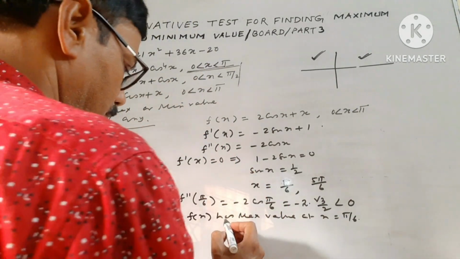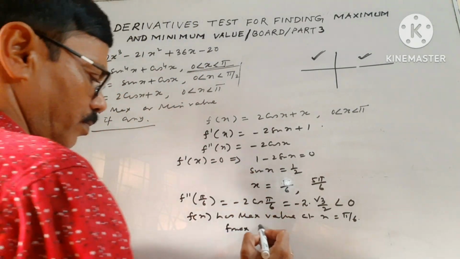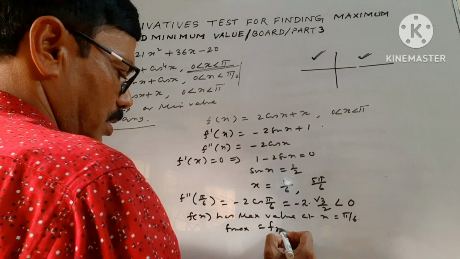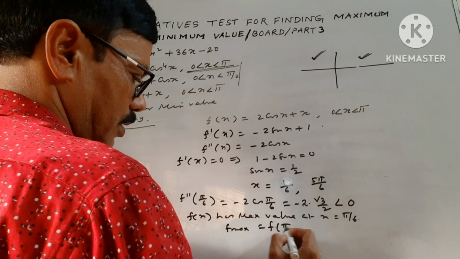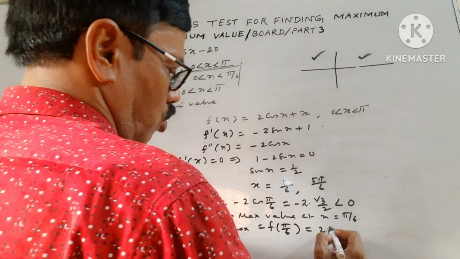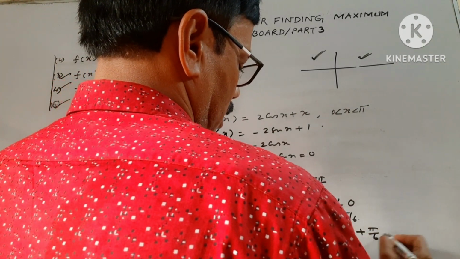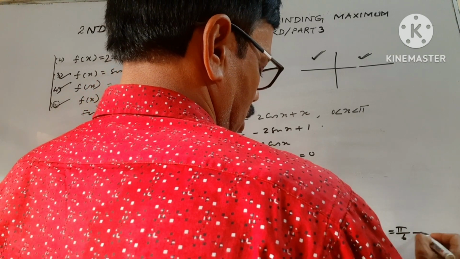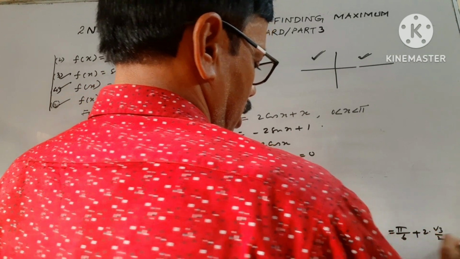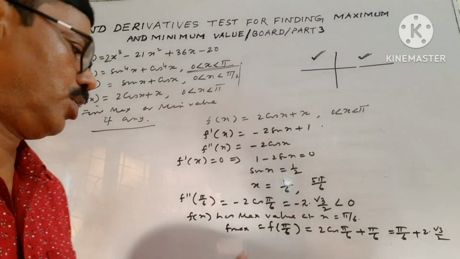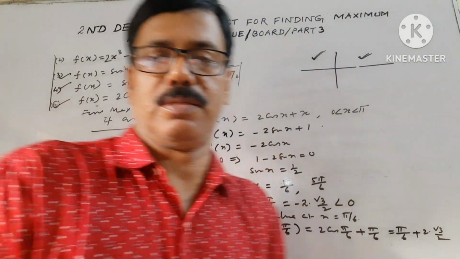What is the maximum? F maximum equals f of pi by 6. So 2 cos pi by 6 plus pi by 6, so pi by 6 plus 2 into root 3 by 2. So you are getting this as the maximum.